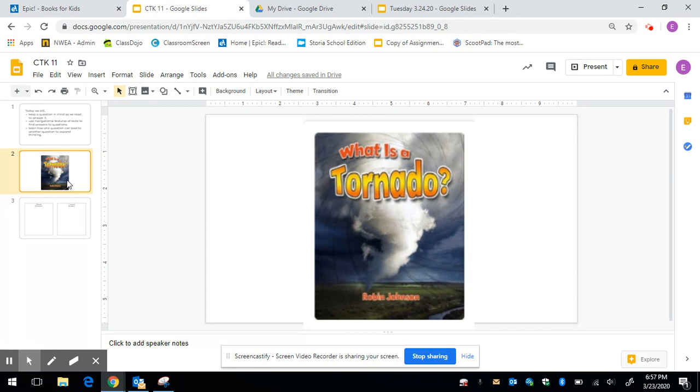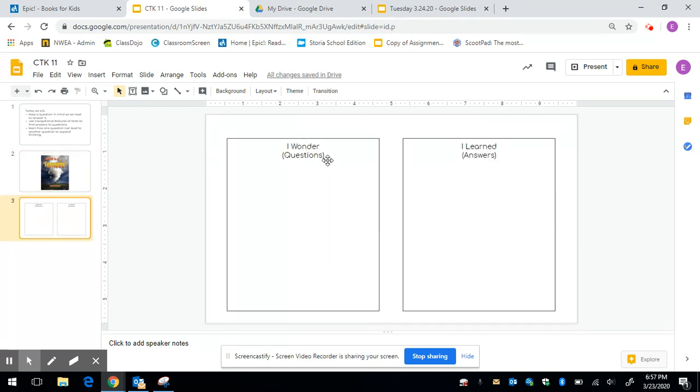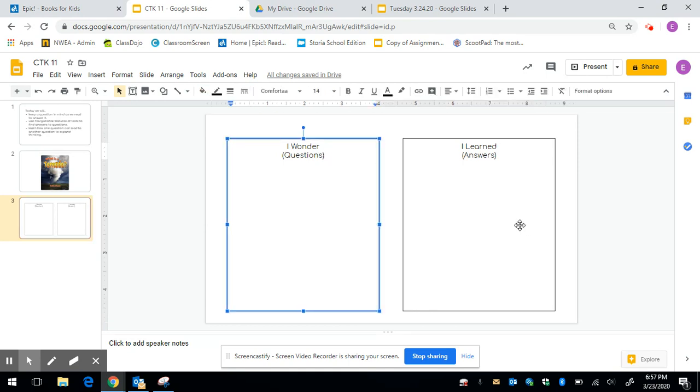So before I even start reading this book in a moment, I'm going to record my question on my think sheet so that I can keep this question in my mind and I can look for this question when I start reading. And you're going to do the same thing today.